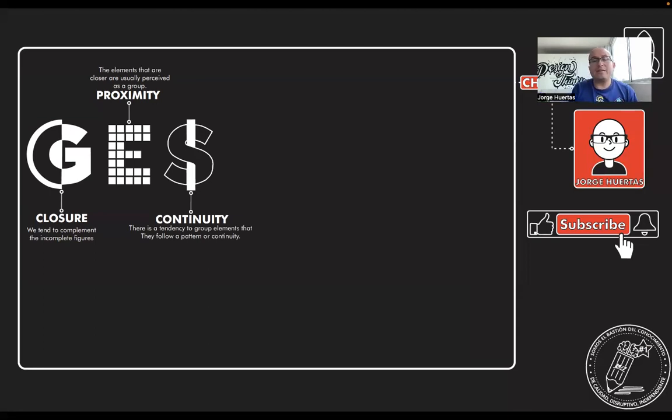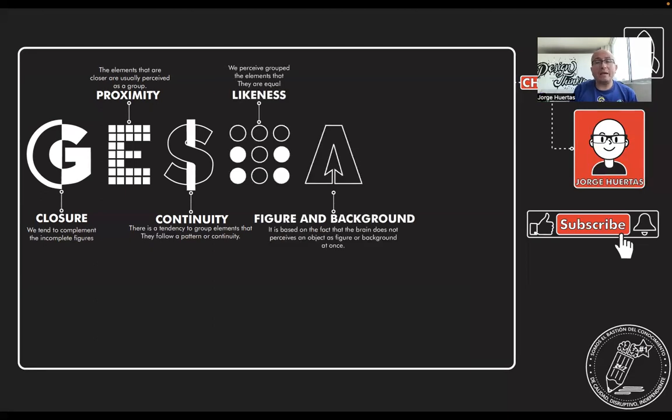The continuity makes us think that this line is crossing under the main part of the letter S, even though it is not. But our brain understands that. For tunnels and composition, that is extremely important.